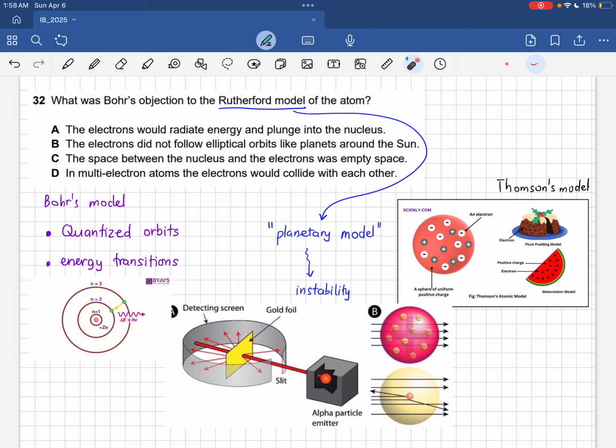Okay, so we can see that throughout the history of science, a lot of scientists have tried to discover the structure of the atom, right? First Thomson proposed an idea when he figured out about the electron that an atom is just like a sphere of uniform positive charge, and the electrons were scattered around in that uniform positive charge, like a plum pudding.